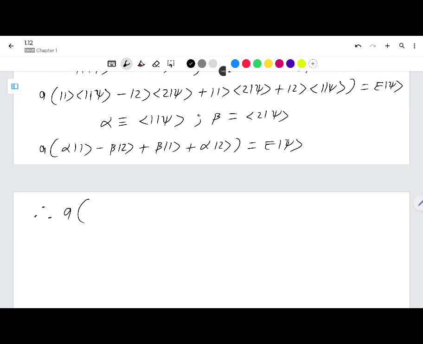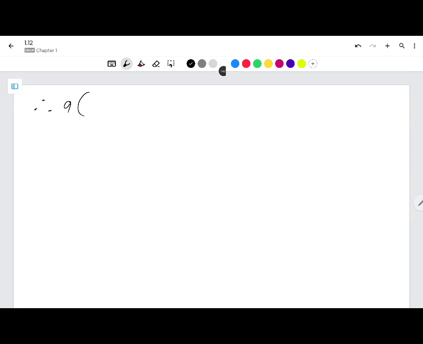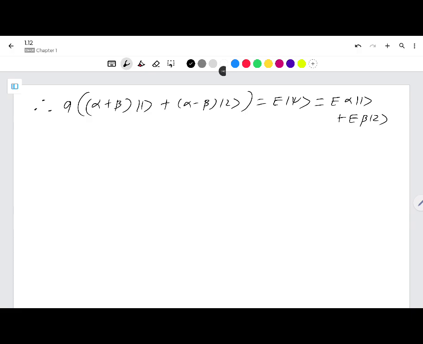So there is (alpha plus beta), there is (alpha minus beta), which equals E psi, and which equals E times alpha |1> plus E times beta |2>. So if we compare the coefficients, what do we get?